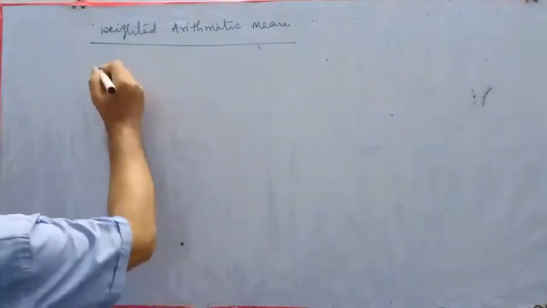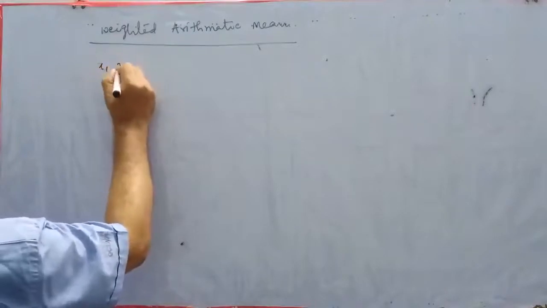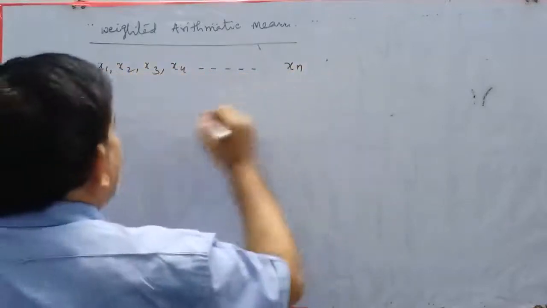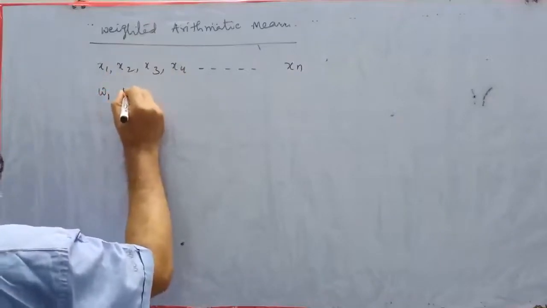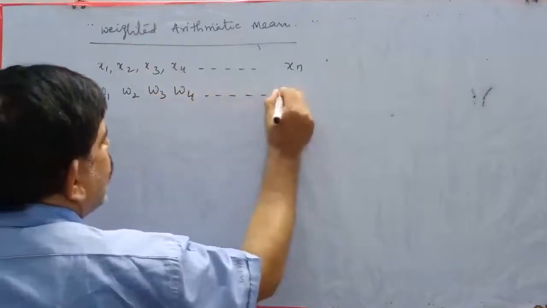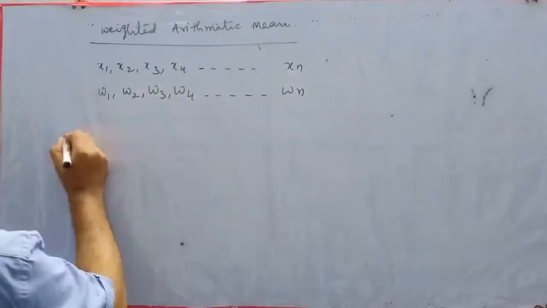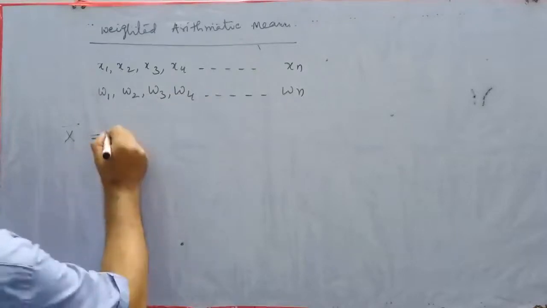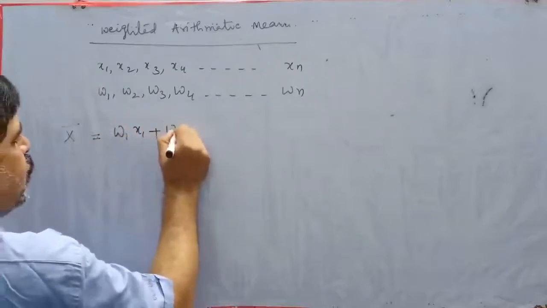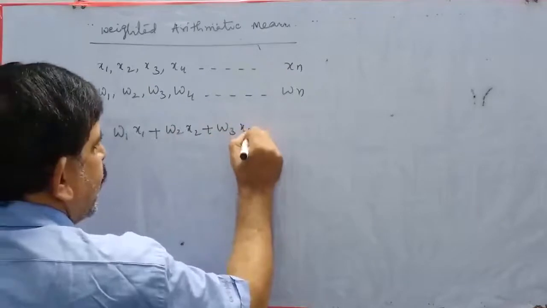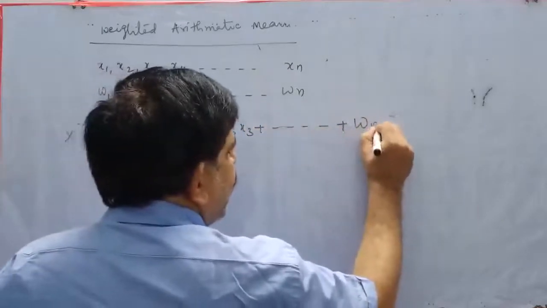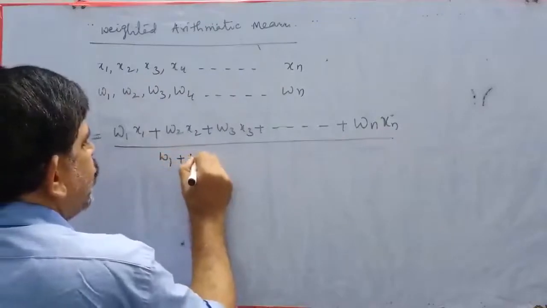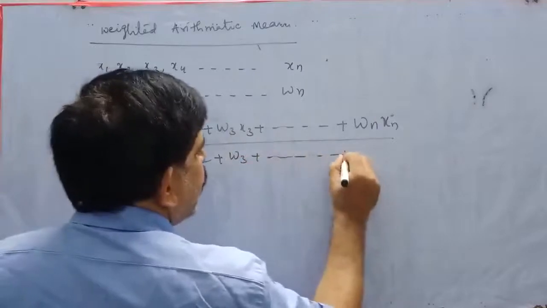That is, the observations are the numbers x1, x2, x3, x4 and so on up to xn, which occur with the weights w1, w2, w3, w4 and so on up to wn. x bar is the average or arithmetic mean, which is equal to w1 x1 plus w2 x2 plus w3 x3 and so on plus wn xn, divided by w1 plus w2 plus w3 and so on plus wn.